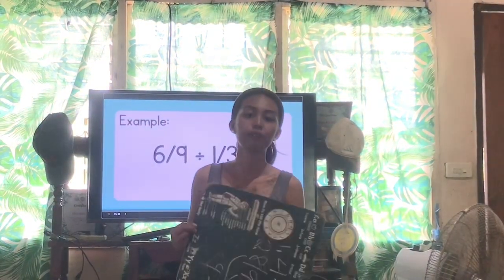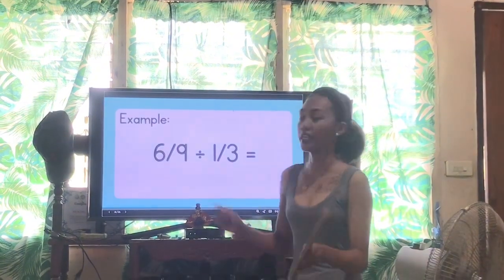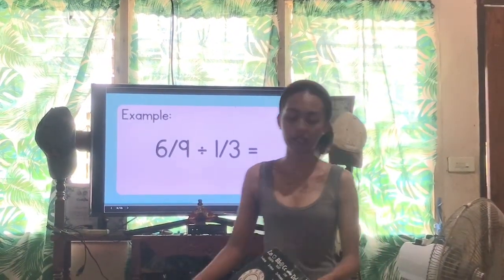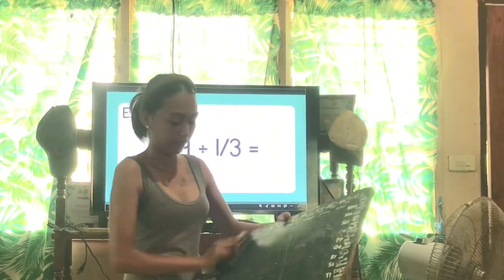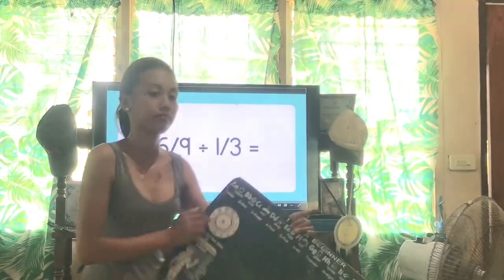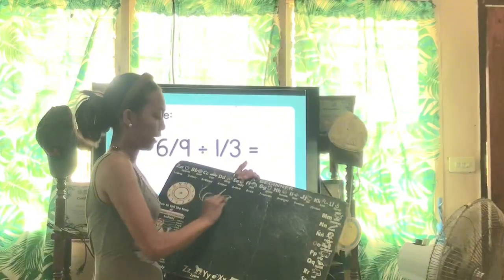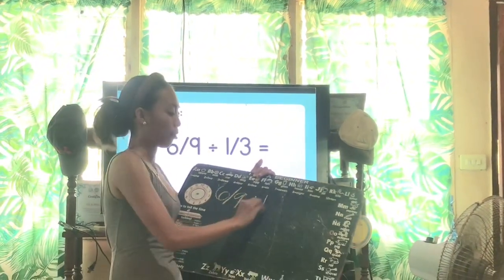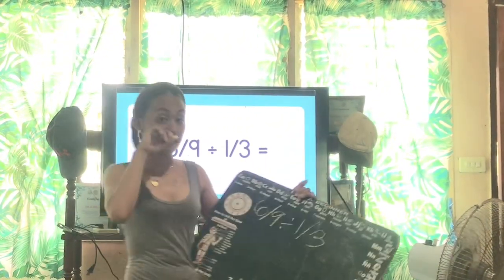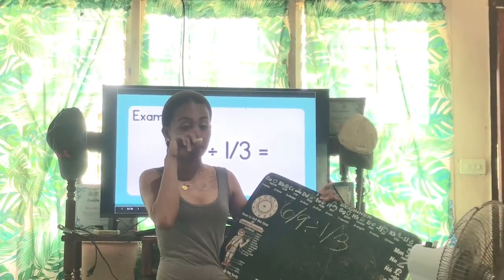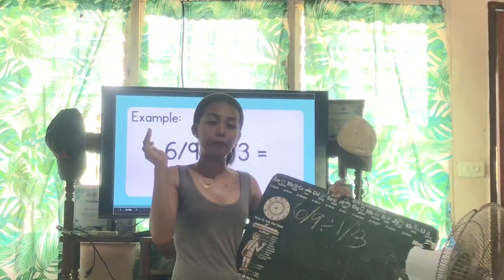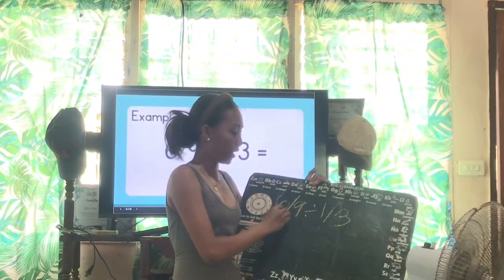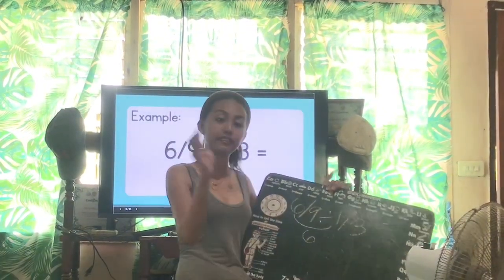Then, I have here an example for number 3, using keep, switch, flip. So here, 6/9 divided by 1/3. Let's explain how to get the answer. 6 divided by 1 is 6, right?